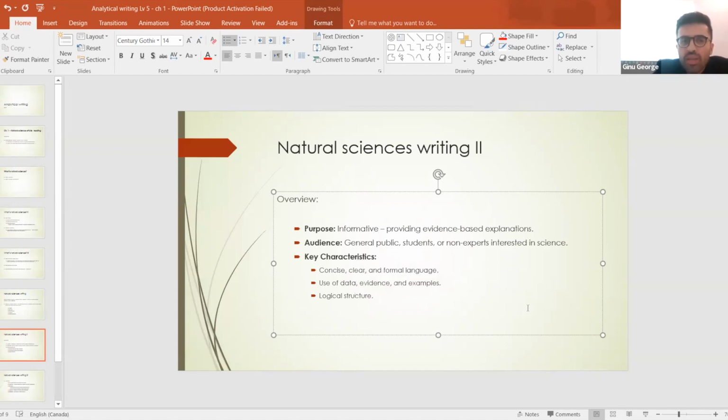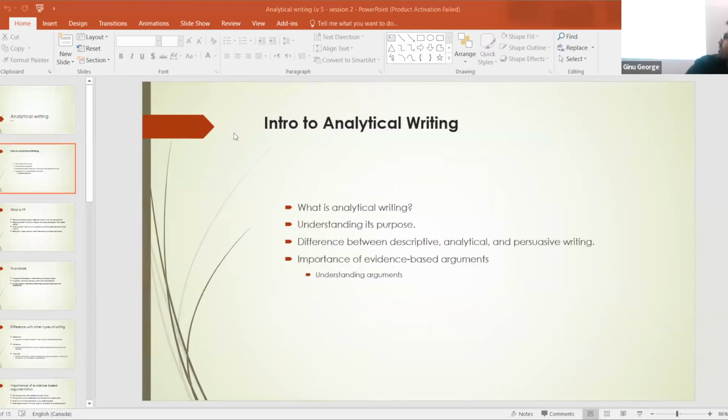You guys are probably familiar with, to some extent at least, this structure. Have you guys written an essay before? All right, so we're going to go over these headings. So first, what is it, right? What sort of writing is it? Second, understanding its purpose, and then we're going to look at some differences between analytic writing and other kinds of writing, quickly.